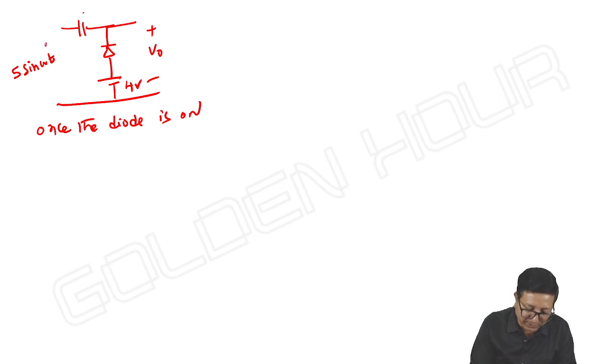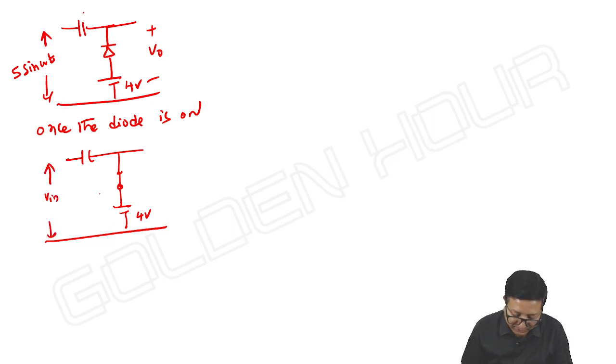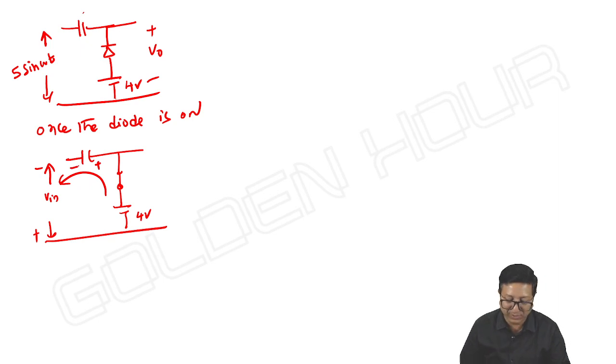then what is our equivalent circuit? This is the capacitor. Diode almost acts as short circuit, and it is some 4 volts input. So how will the current be flowing? This way, and I can take the polarities like this. What about the capacitor voltage? Anyway, it is having polarities like this, just to show how the capacitor is charging.